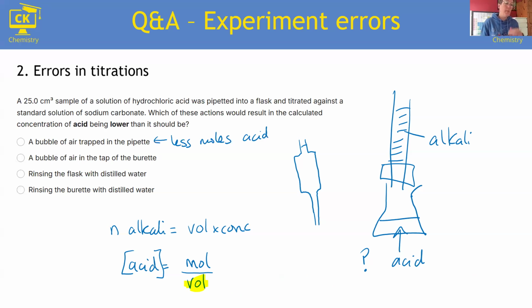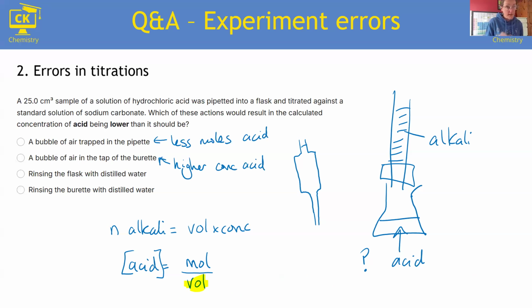If I have a bubble in the burette, which is a really common question because it's a really common thing to happen, it's really hard to get the bubbles out the bottom, then what's going to happen is that if the air comes out, it looks like I've added more alkali than I have. So that's going to give me a higher concentration of acid.